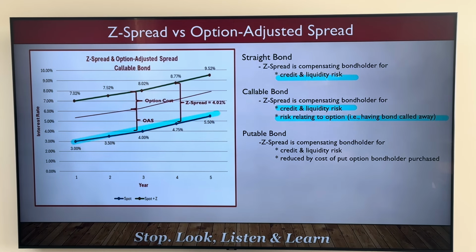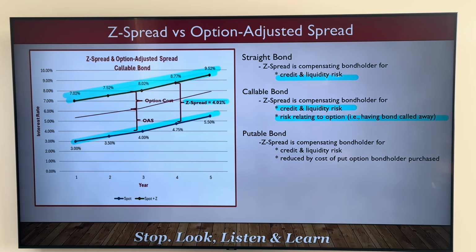And then we have the Z spread, which we have previously computed, and that Z spread of 4.02% is added to each one of the spot rates to end up with this curve here. And this difference is the Z spread. And so these are the rates that we would discount the bond at in order to get a value that's equal to the fair market value of the bond.